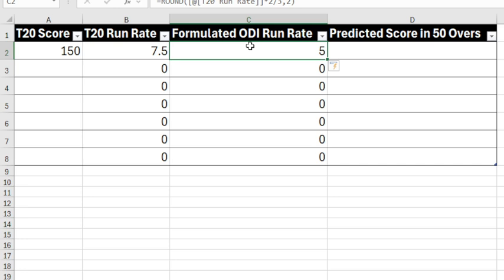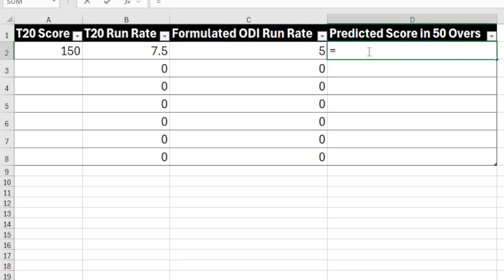But in ODI matches, in the middle phase, there could be many overs where 5, 6, 4 would be a common score, preserving the wickets to have a go at the end. So that formula turned out to be 2 by 3, which is one third minus of the T20 run rate.